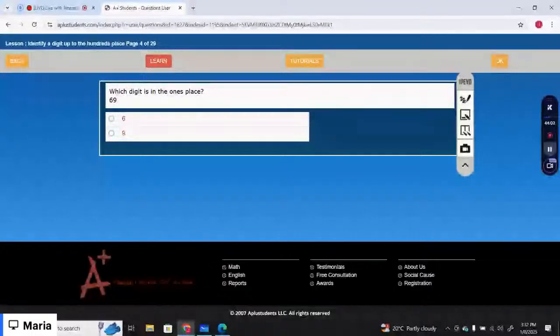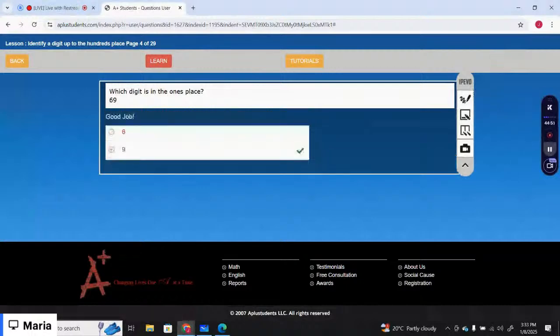Which digit is in the ones place, which is the correct option? Sorry, 9 is at the ones place.